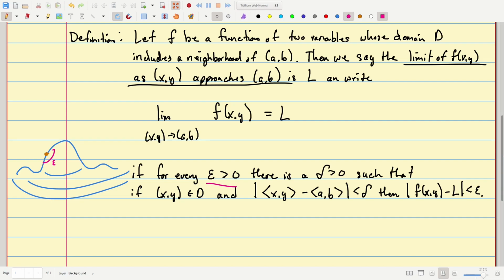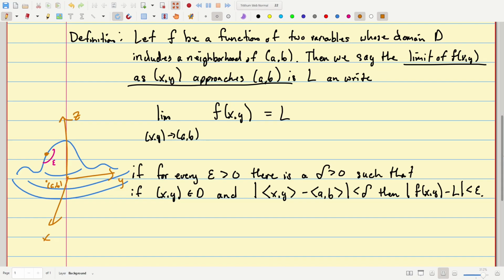And what has to happen is that when I choose the epsilon value, there has to be a corresponding delta down here in the xy plane. So that here, this would be the point (a, b), all right?